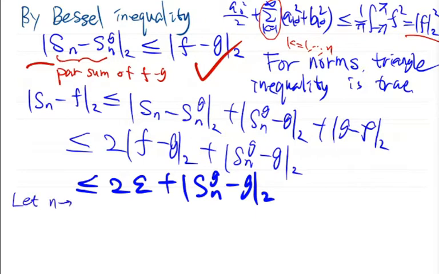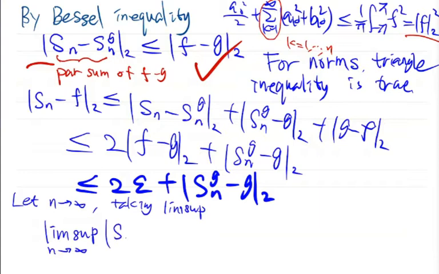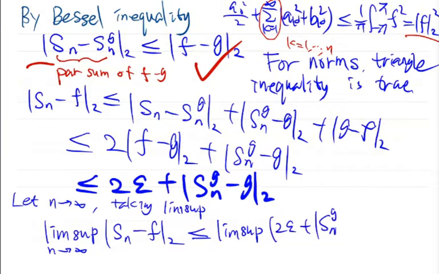Then the L2 norm of Sn f minus f is not greater than 2 epsilon plus the L2 norm of Sn g minus g. But this goes to 0.